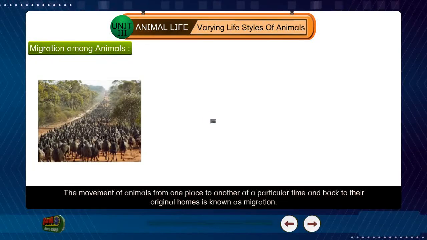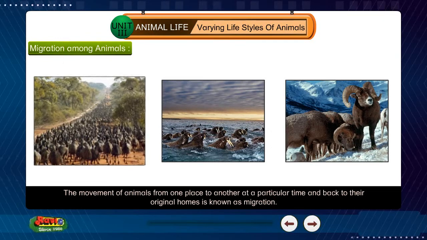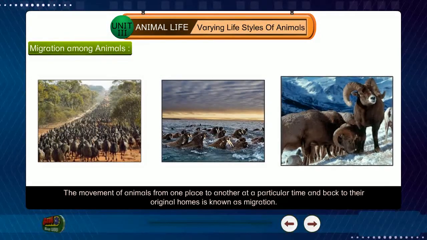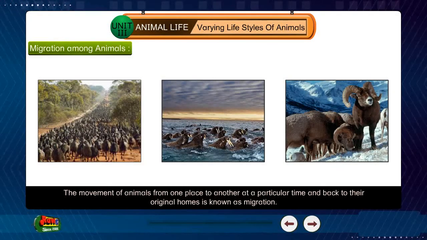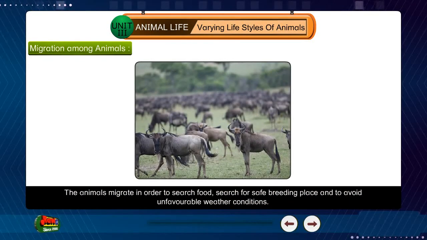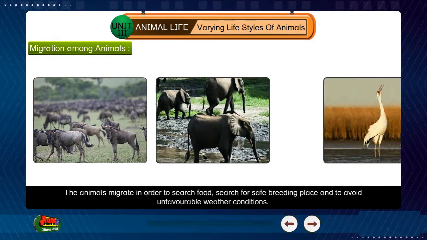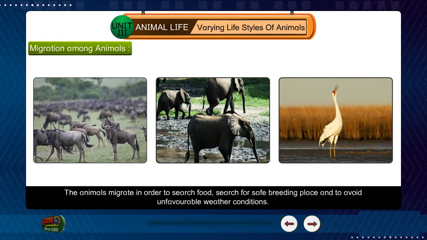The movement of animals from one place to another at a particular time and back to their original homes is known as migration. The animals migrate in order to search for food, search for safe breeding places, and to avoid unfavorable weather conditions.